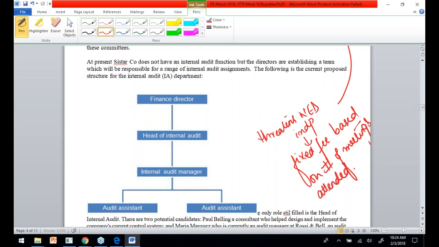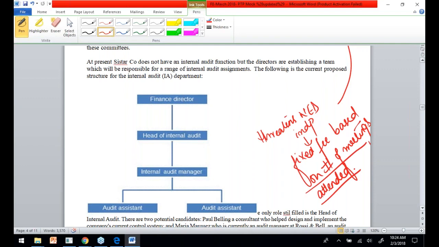Remember that. Now, you should have thought of that. You should have jotted it down on the scenario when you were reading the scenario. The fact that non-executive directors were being paid based on the company's performance threatens their independence. Non-executive directors are not paid based on company's annual performance. They are paid based on the number of meetings attended.